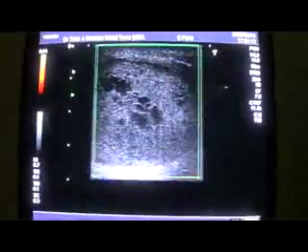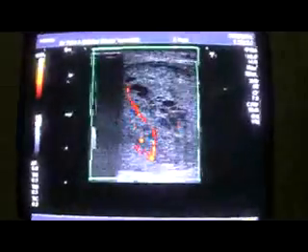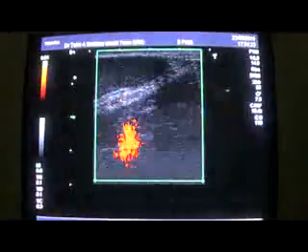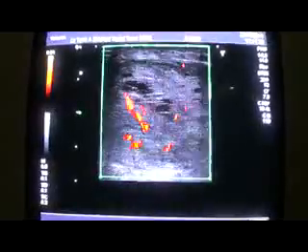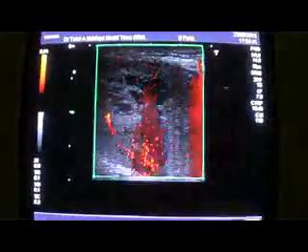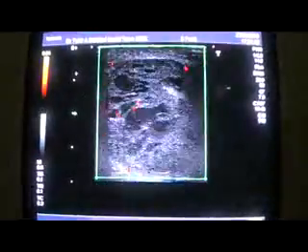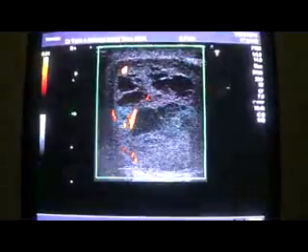The wall of the testis is not that thick. Communicating cysts. The left is normal. This is the left testis that I am showing you, and it is normal. This is the enlarged testis, and you can count the number of variable sized cysts within this testis. Thank you very much.